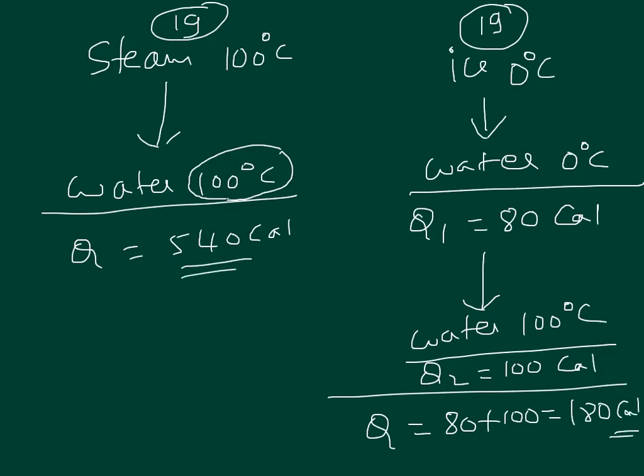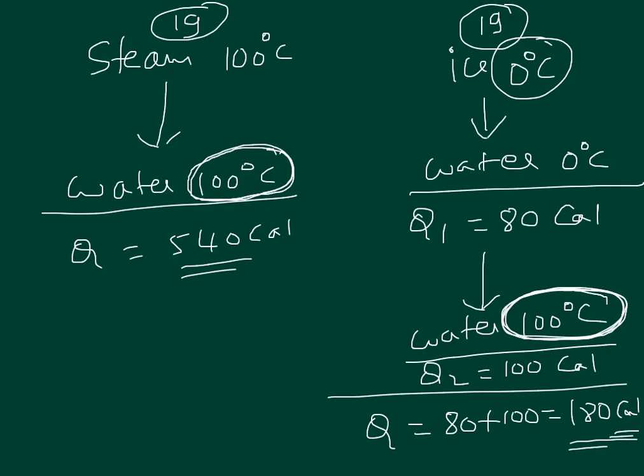But one thing you remember. Here the temperature is 100 degrees centigrade, and here it also reached 100 degrees centigrade. If they are in equilibrium, there is no further transaction. To take the ice from 0 to 100, how much energy is required?